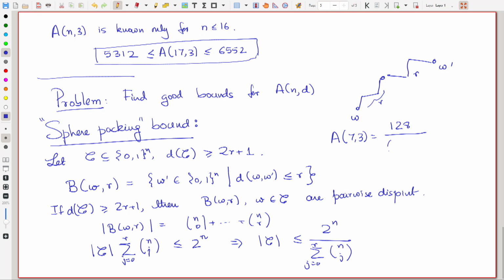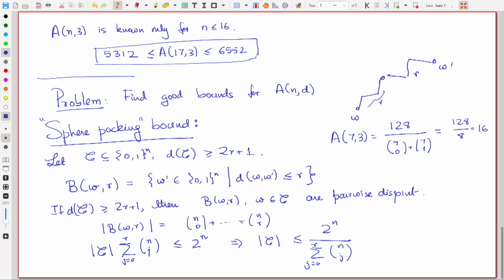So I will take 7 choose 0 plus 7 choose 1. So 128 divided by 1 plus 7, 8, which is 16, which is exactly Hamming's code. So this proves that Hamming's code is the best. You will not be able to find one with 17.